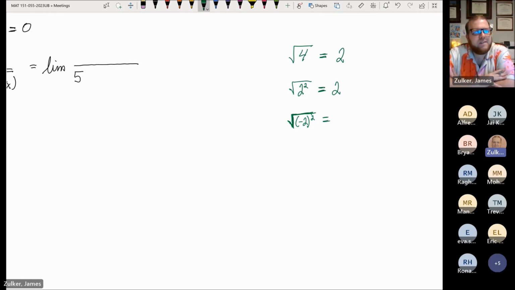What is that square root? It's also 2, right? Which is not -2. If I say x is -2, the square root of x squared is not x.